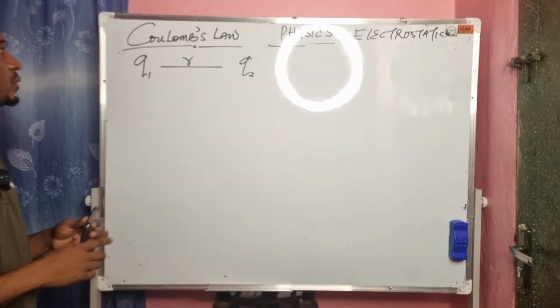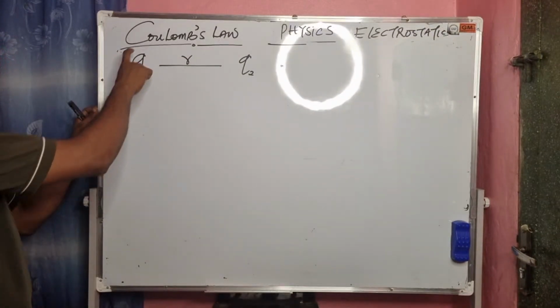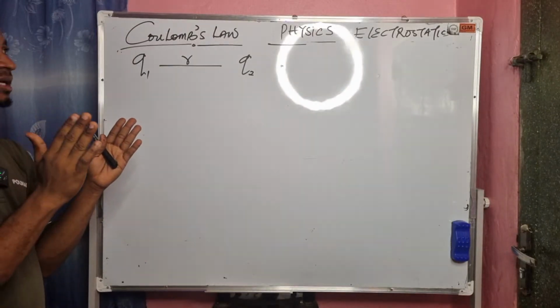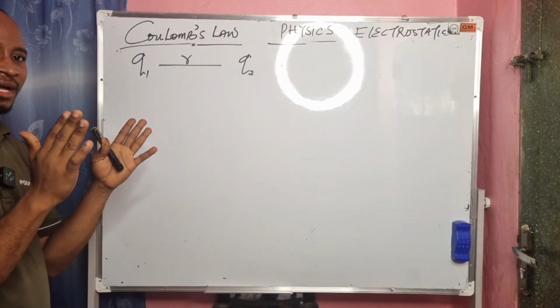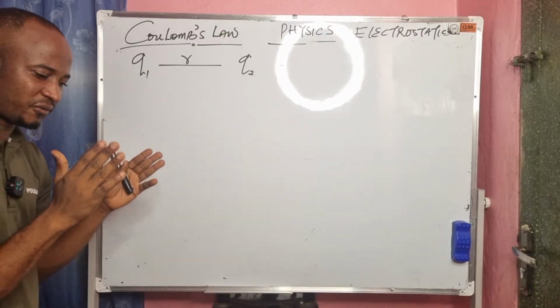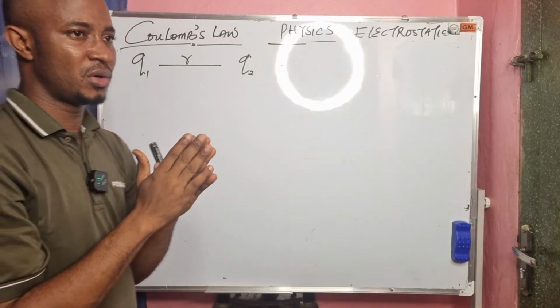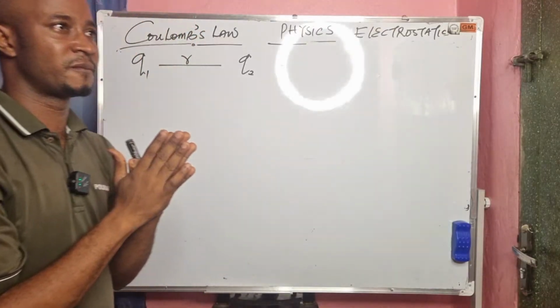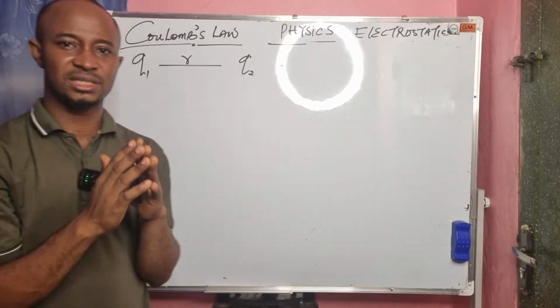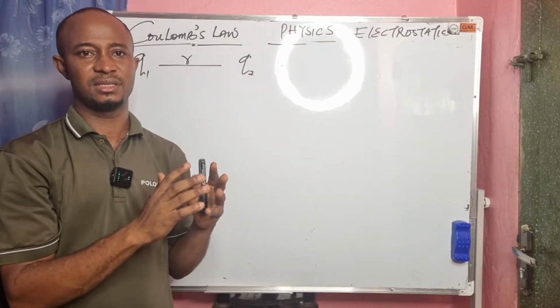Now, we have seen that if we have 2 charges separated by distance, there exists either a force of attraction or repulsion. The first principle of charges says that like charges repel, unlike charges attract, right?